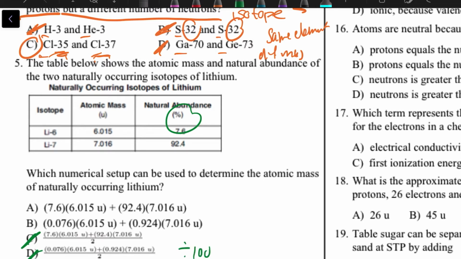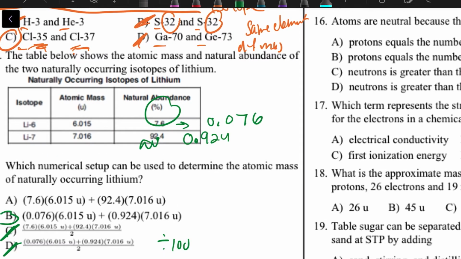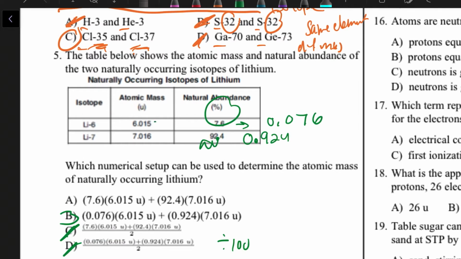That means we're going to have to convert our percents to a decimal. So take that decimal point and move it over 2 spots to the left. This becomes 0.924, and this one becomes 0.076, which is our answer choice B. So it's this times this plus this times that, but your percentages as a decimal.